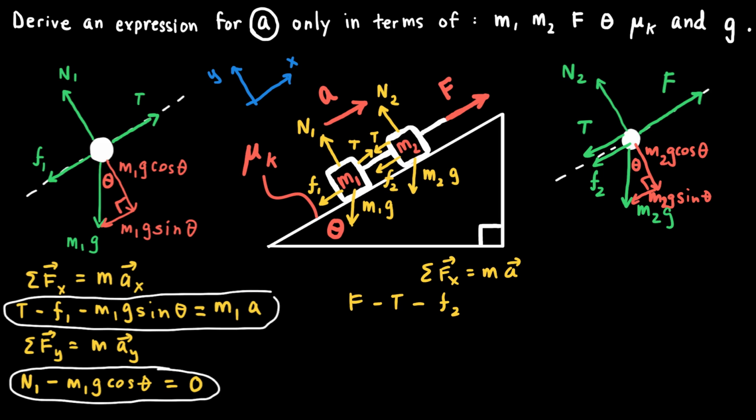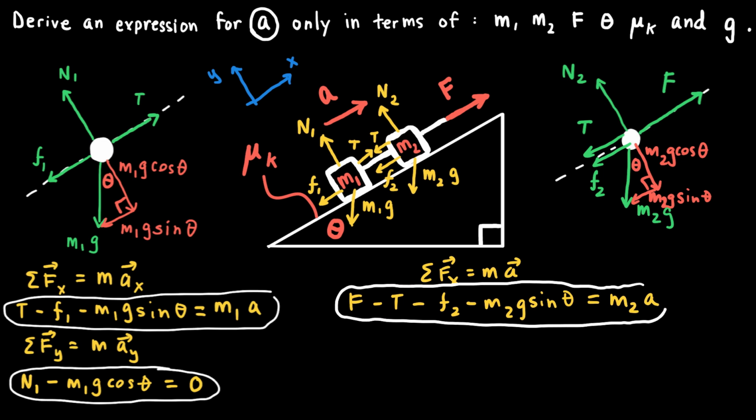And so in this equation, I'm writing an equation for the x direction, so the component that matters is still the sine component. So minus m2g sine theta, because m2g sine theta points down the incline. This object happens to be accelerating in the x direction, and just like block 1, it's accelerating in the positive x direction. So here I should write m2 times that positive acceleration a. And this is the third equation that we have.